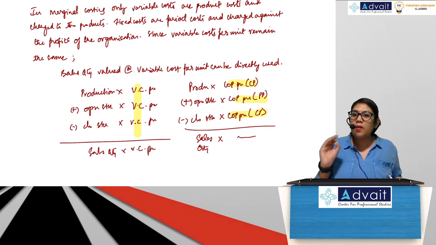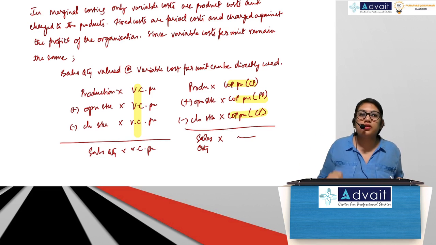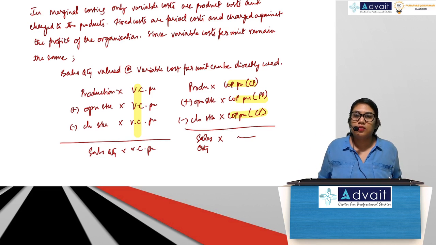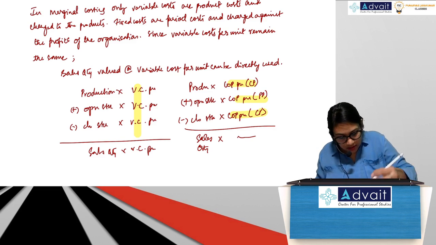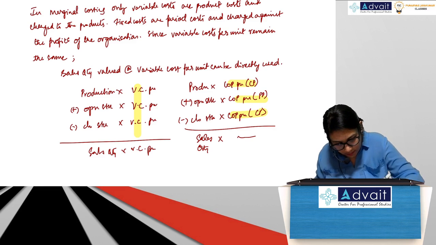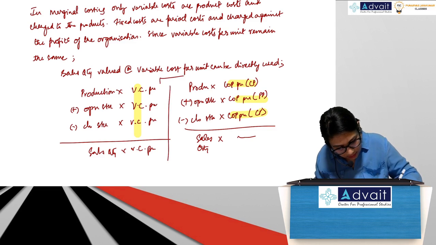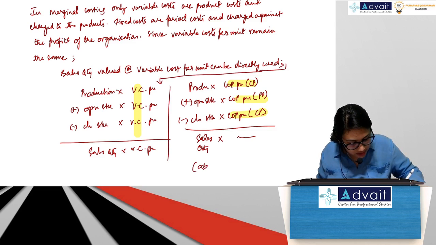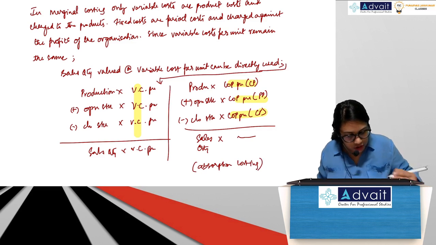So in marginal costing, we always use sales quantity. That is the reason for using sales quantity. Guys, okay? Everyone, please write this. You can just show that this is what happens in absorption costing.